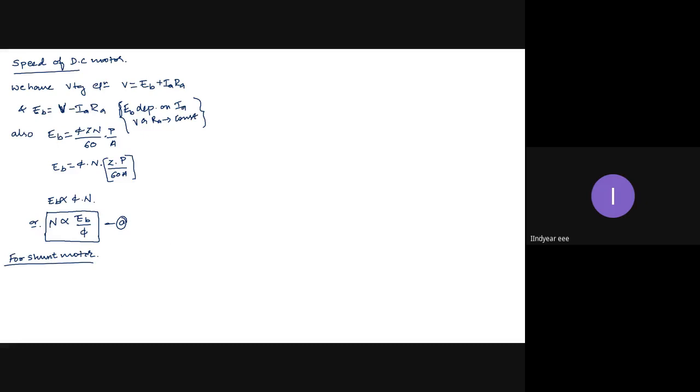When EB varies, speed varies. Now I want to establish a relation between two speeds in terms of EB. Let IA1 and IA2 be two armature currents at two different loads.